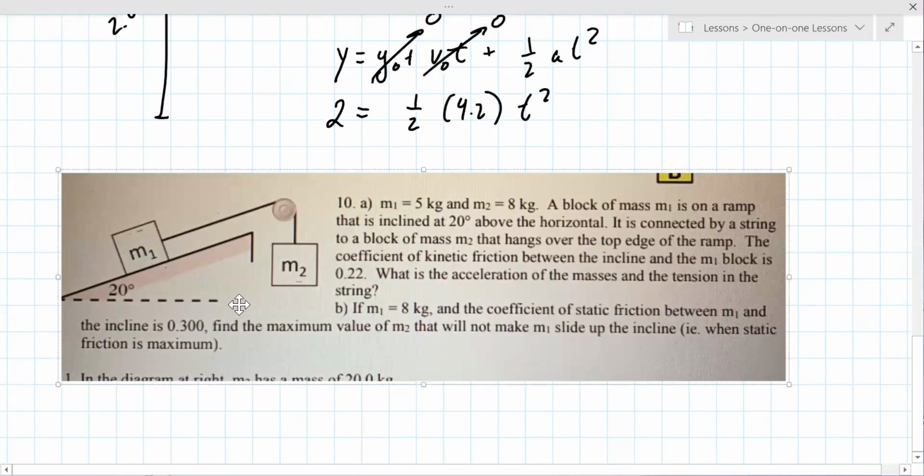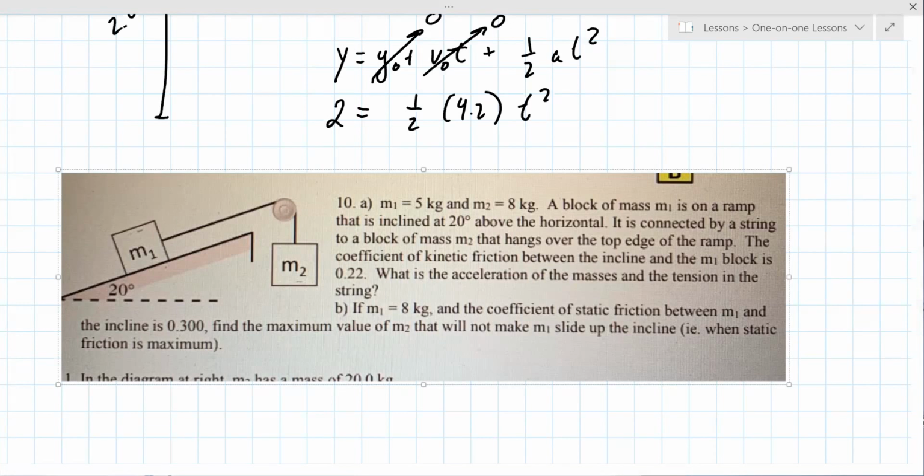So a block of mass M is on a ramp that is inclined 20 degrees, and is connected by a string to a block of mass M2 that hangs over the top edge of the ramp. The coefficient of friction between the incline is given. What is the acceleration, the mass, the tension of the string? Okay. So kind of the same problem as before.